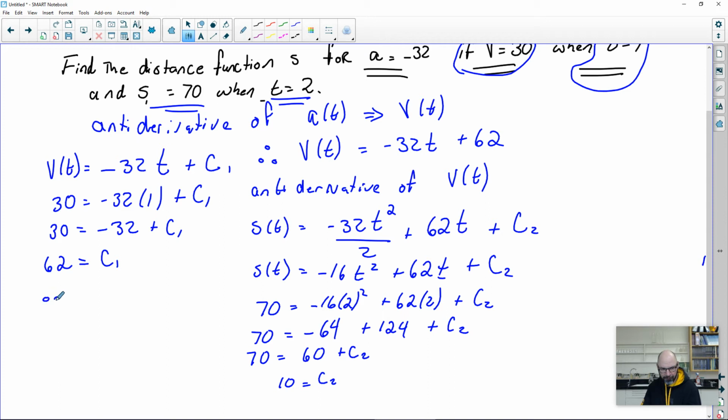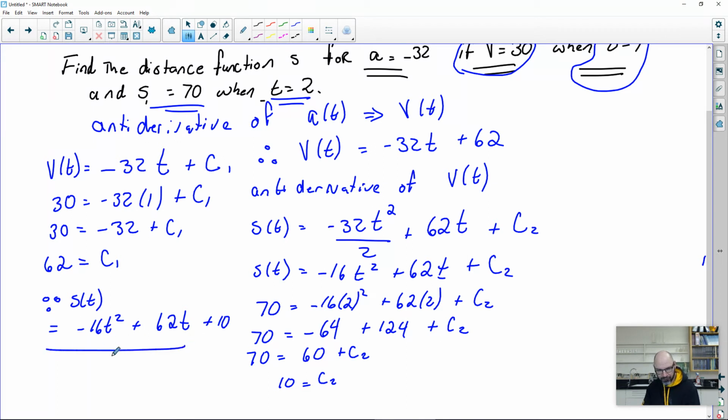Therefore, now we have our final equation that we need. So s of t would equal negative 16t squared plus 62t, sorry, not 32, 62t, plus C2, which was 10.